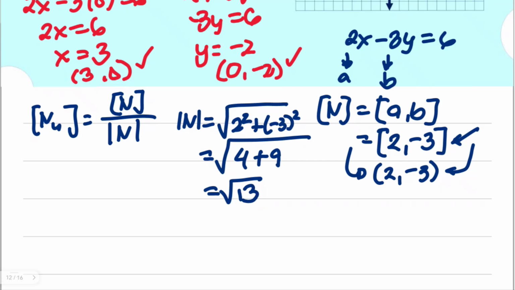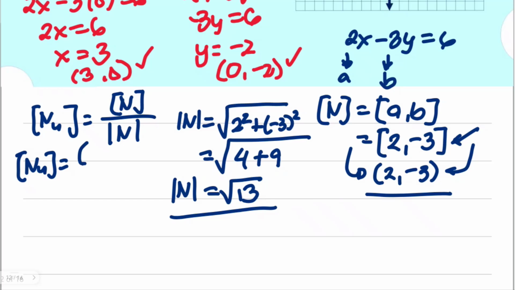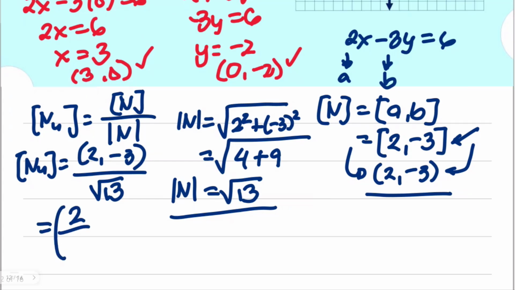This is the length of your vector n. So using this and these components, the unit normal vector is (2, -3) over square root of 13, or you could also have 2 over square root of 13 and negative 3 over square root of 13.